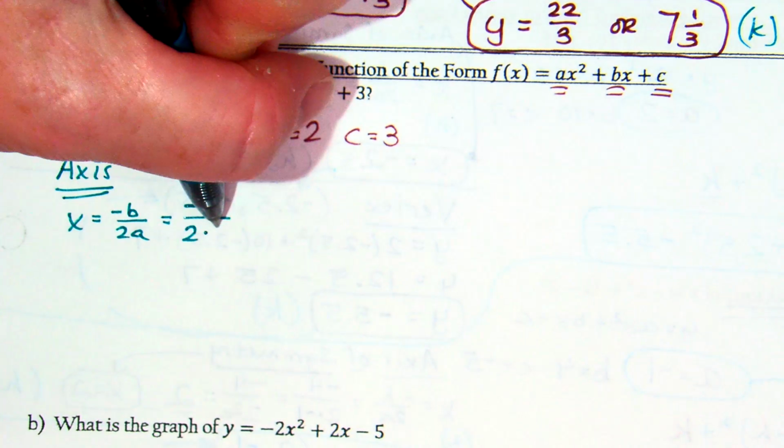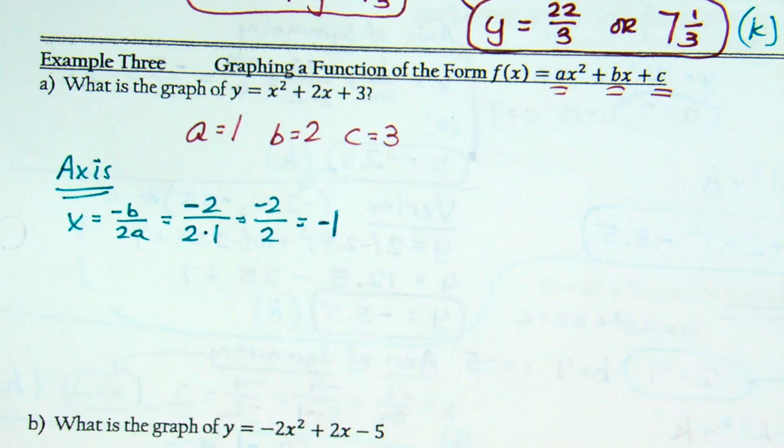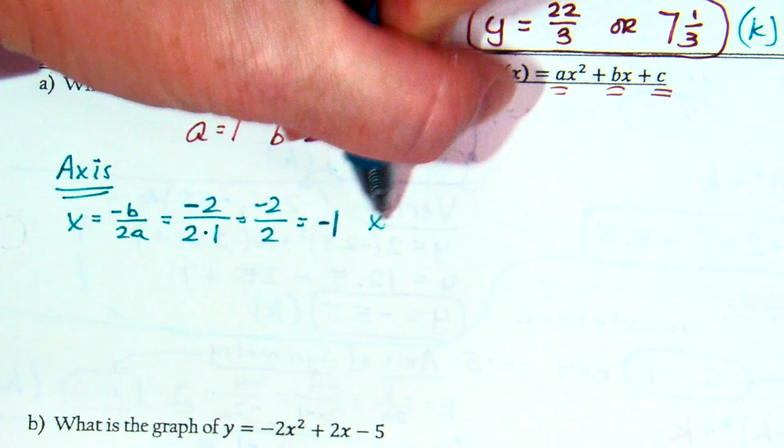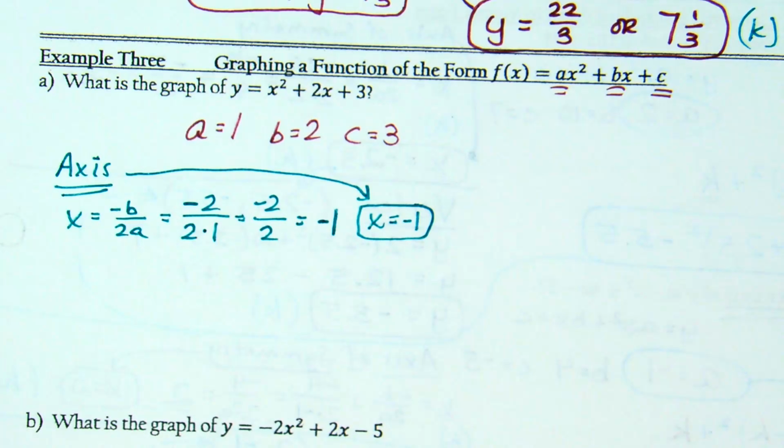Negative 2 over positive 2. And negative 2 over positive 2 reduces to negative 1. What is my axis of symmetry? X equals negative 1. First half of your vertex. Excellent.